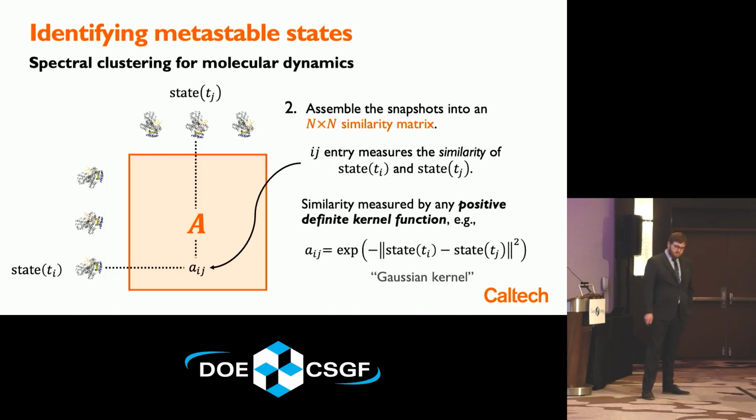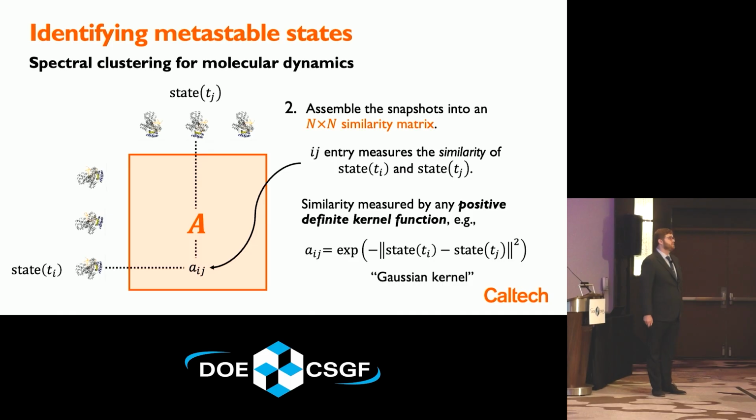And similarity here can be measured by a user-specified positive definite kernel function. So most people aren't very creative. They just pick a standard functional form like a Gaussian kernel.